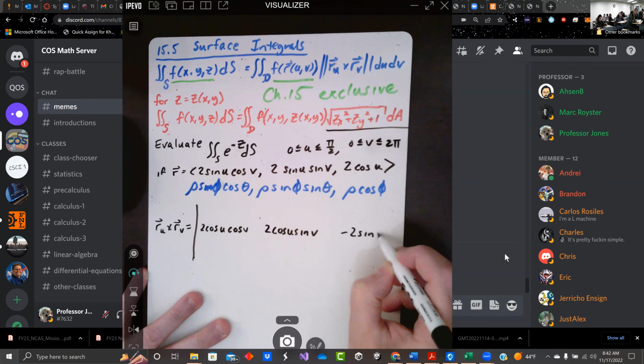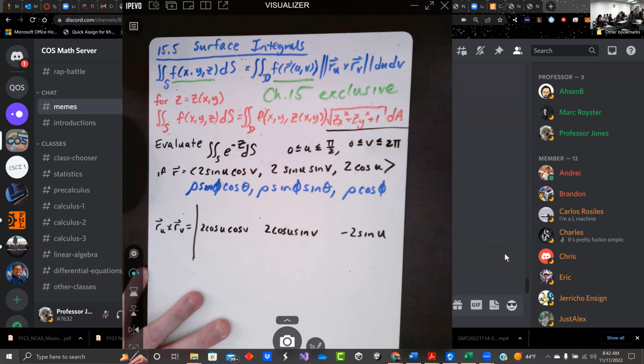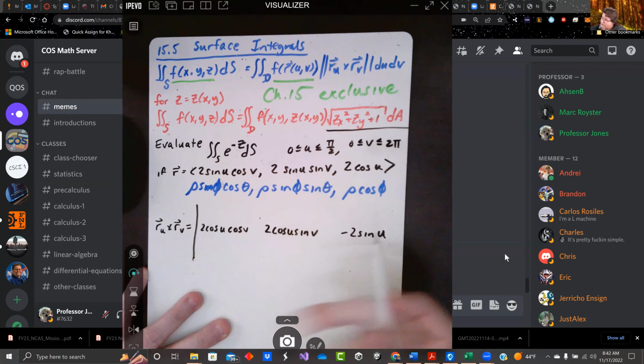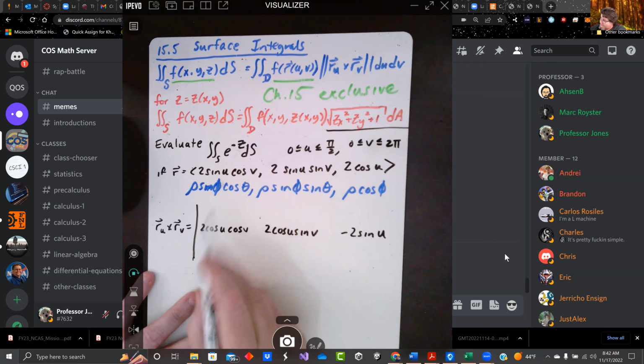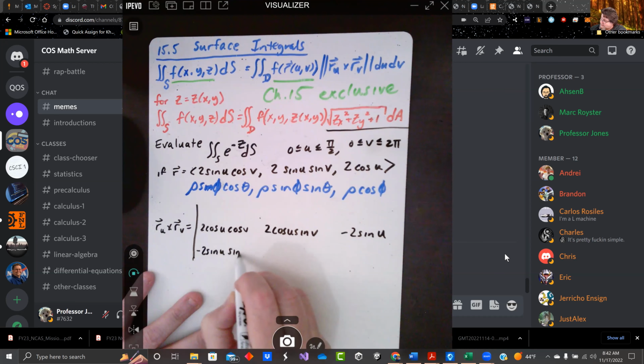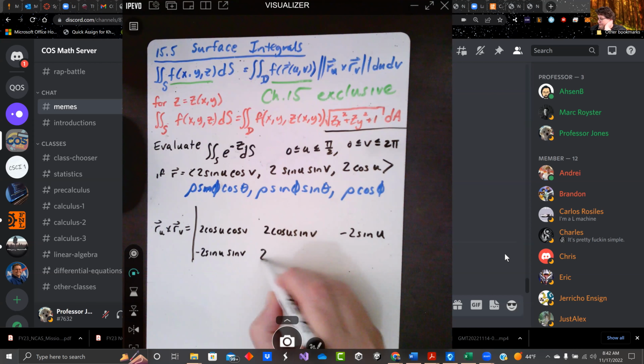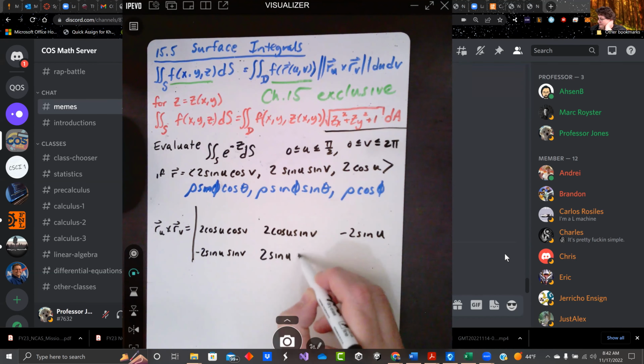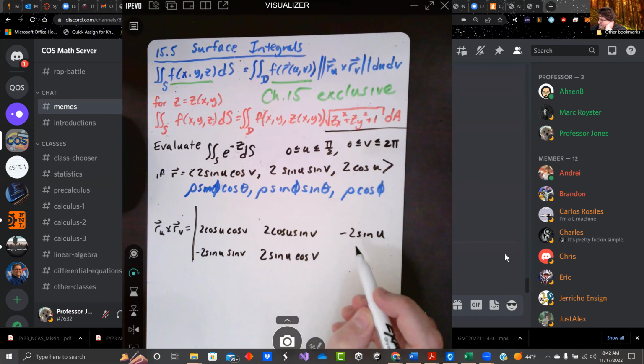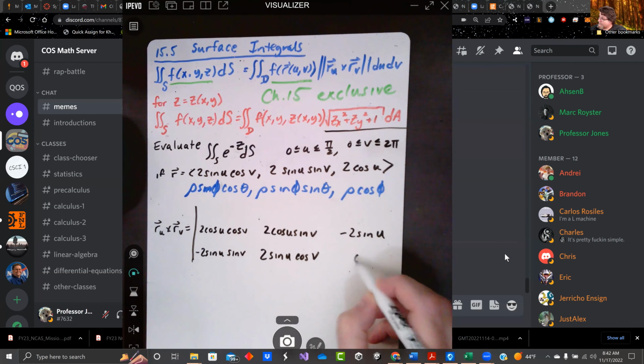And if we do R of v, we've got negative 2 sine u sine v, and 2 cosine u cosine v, and then we got 0.